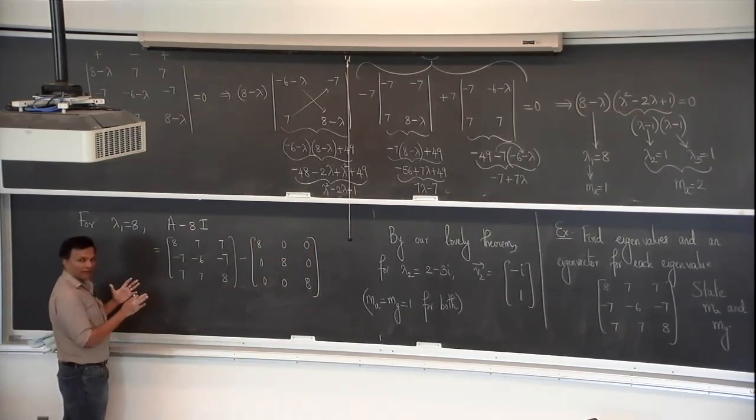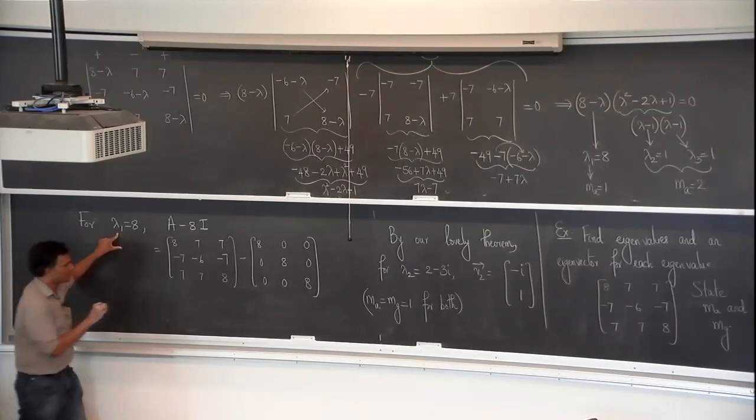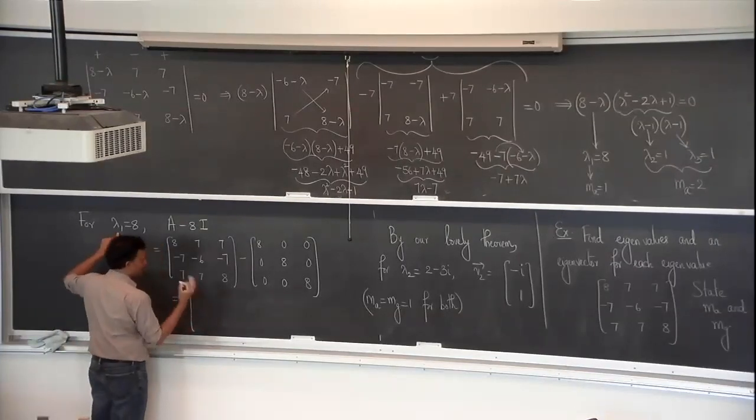You should get exactly one free variable out of this. No exceptions in this case because it's not a repeated eigenvalue. So we kind of know what to expect here.